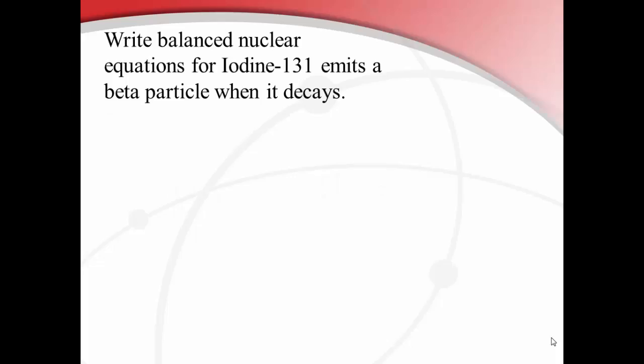Write a nuclear equation for iodine-131 emitting a beta particle when it decays. Beginning with the symbol for iodine, we have a mass number of 131 and an atomic number of 53. Arrow, and we write the beta particle, which has 0 for a mass and -1 for a charge, plus the new element.